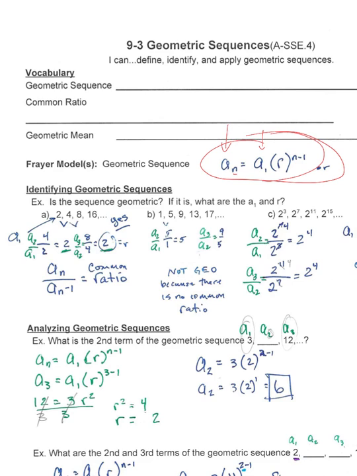A1 is going to be your first term in a sequence. Just taking a quick snapshot down here at letter C, the first term is going to be 2 to the third power. R is going to be my common ratio, and the common ratio is what is being multiplied or divided for each consecutive term, and then there's no change in N for its value.